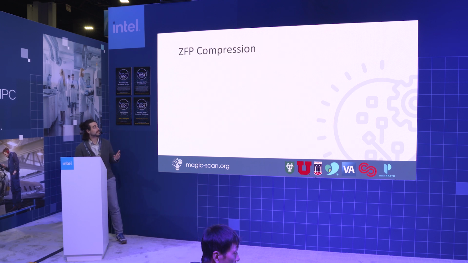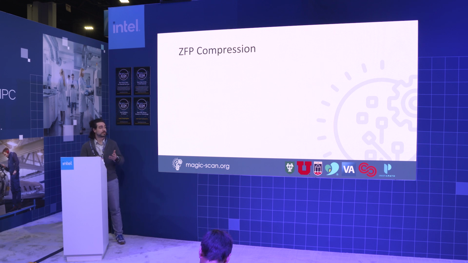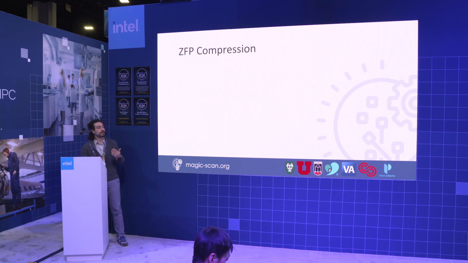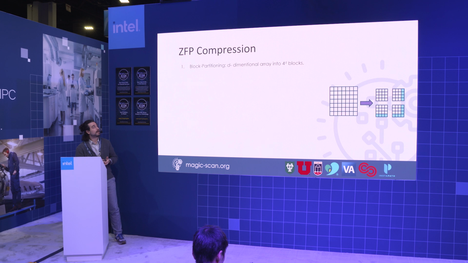So let's give a broad overview of ZFP and how it works. This is by no means an extensive explanation, but it is to make sense of what our efforts were and what we needed to do. Let's begin.